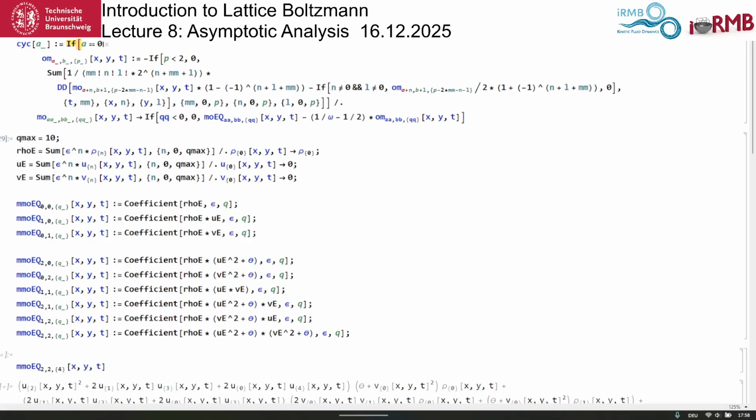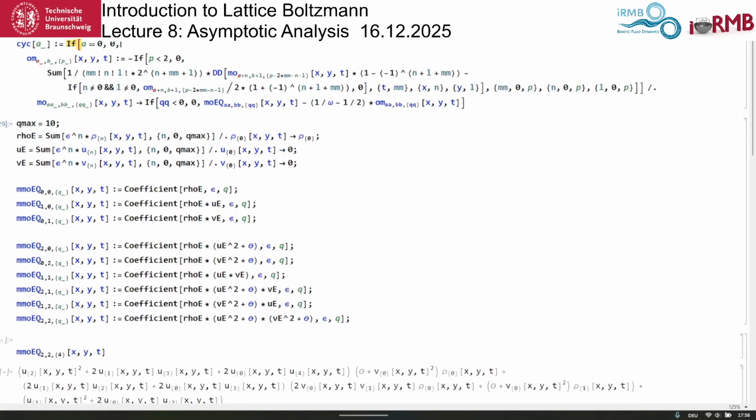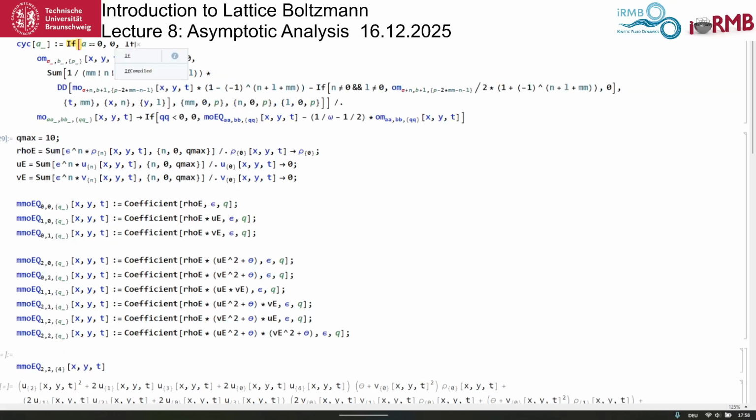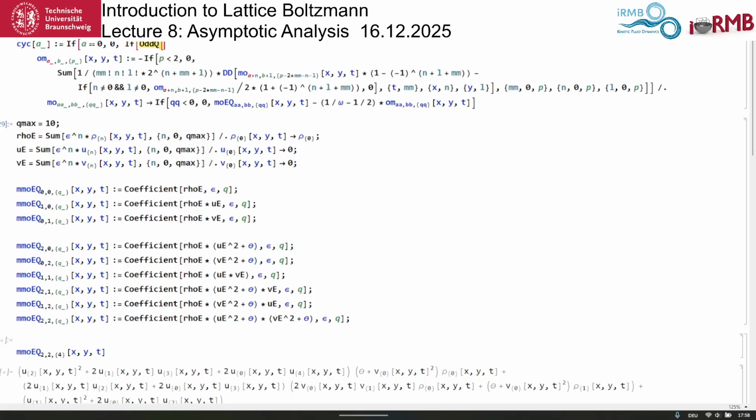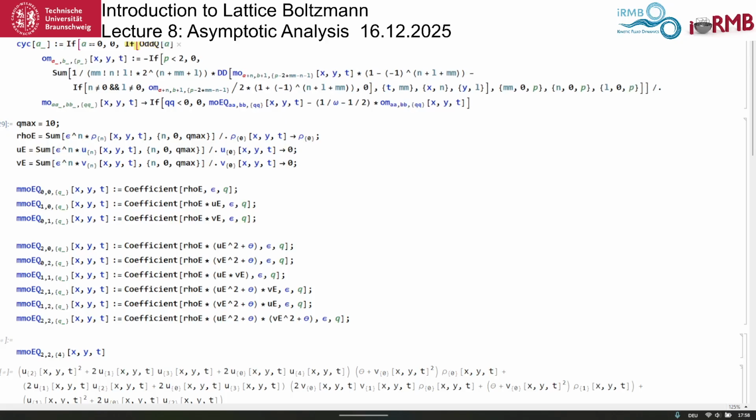I'll just say this is if A is equal to 0, it will be 0. Otherwise, if it is odd, so it should be 0, 1. Unfortunately, you think you could do this with a modulo function, but it's a little bit complicated. So I'll set if it's odd A, then I put it to 1, and otherwise I put it to 2, right?